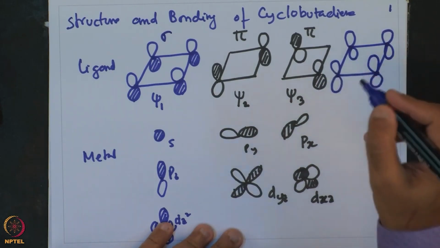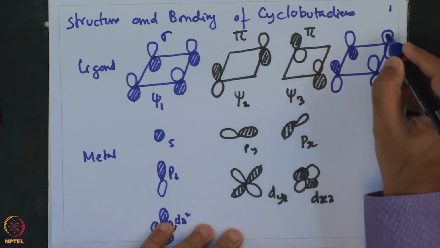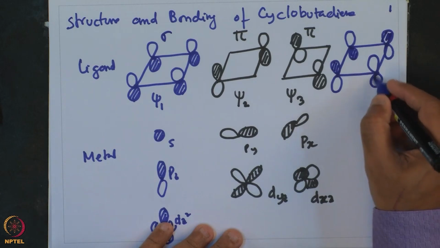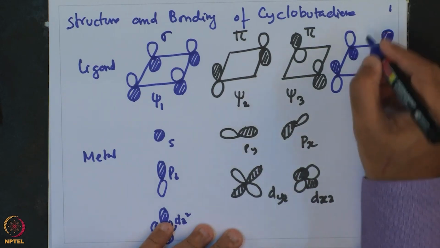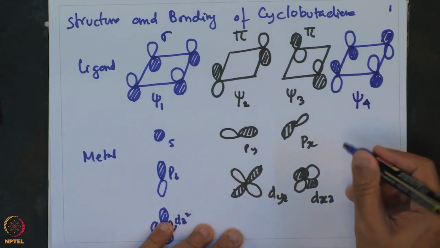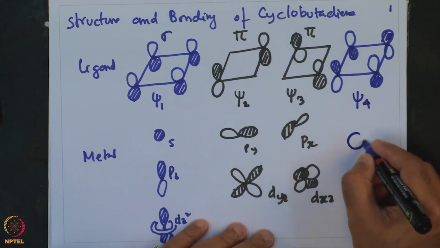And so this is termed as psi 4, and this interacts with the dx square minus y square orbital.